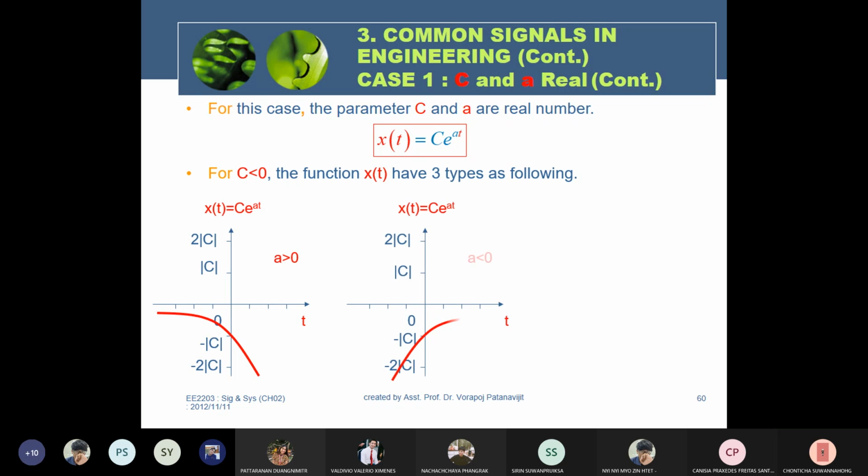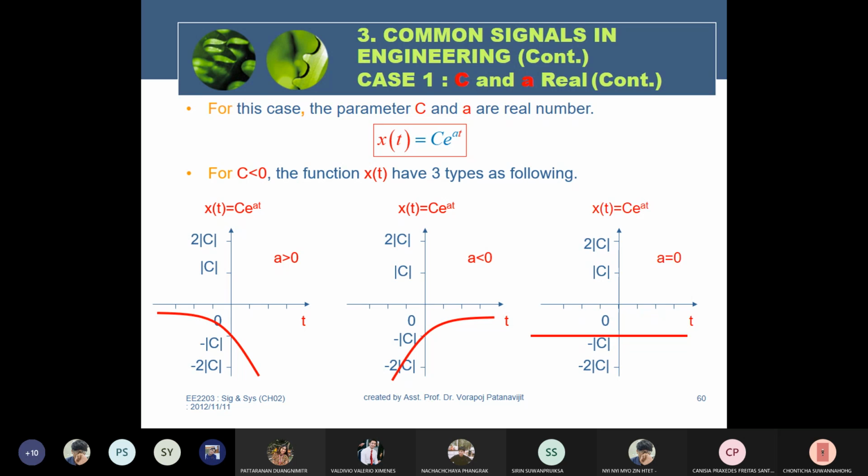The next one, from the decreasing exponential, is also amplitude reversal about the horizontal axis. That is the signal you will see; you may see one of these patterns.